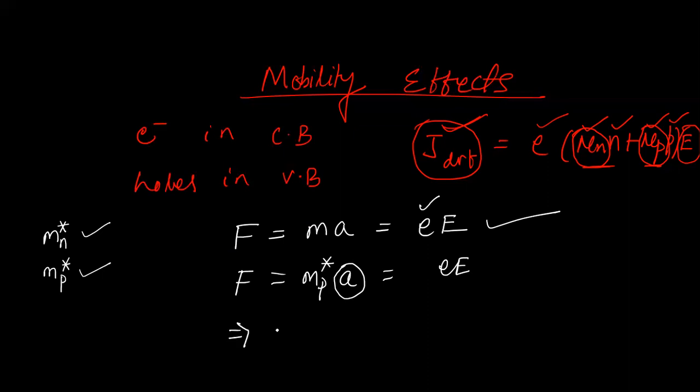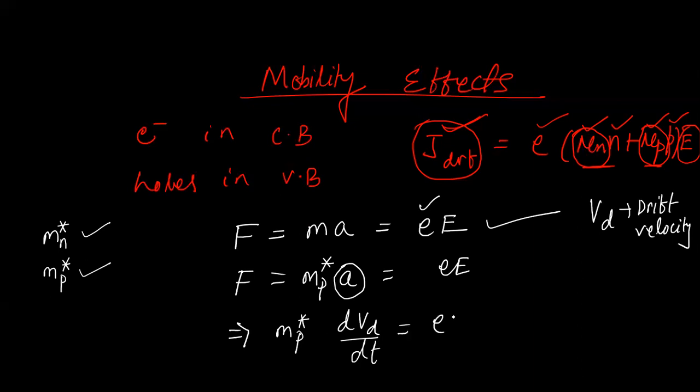So I can write mp star, the effective mass of the hole, times the rate of change of the drift velocity, dvd by dt, where vd is the drift velocity. This can be written as e times E.